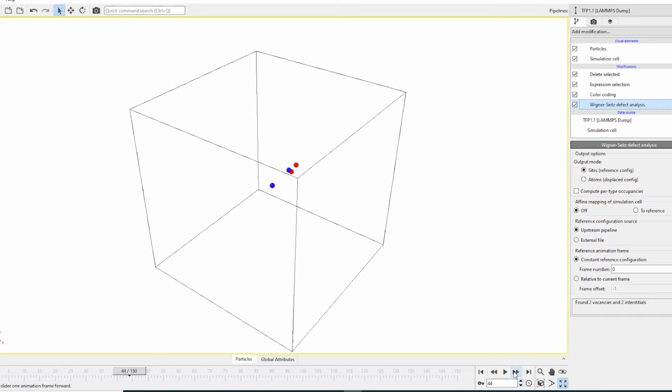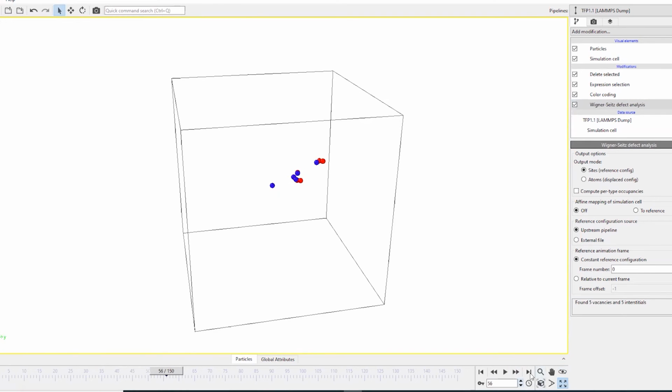Let's say the two red ones are interstitials. So from one, now you have two. With time, you have a large number of interstitials and vacancies.